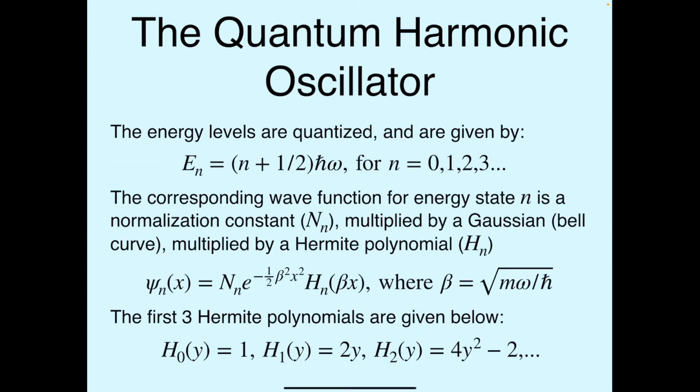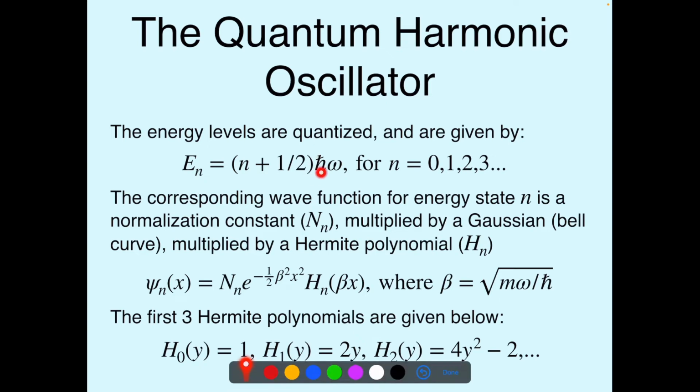And here they are. We'll start with the energy levels. The energy levels are given by E sub n equals n plus 1/2 times h bar omega, where n can equal 0, 1, 2, 3, and so on. So these are integer values, but notice that 0 is actually included here.